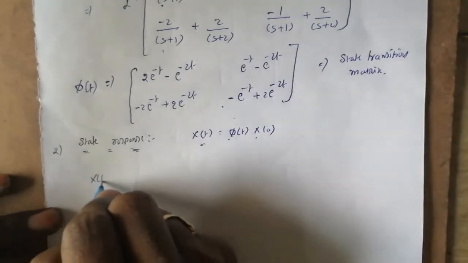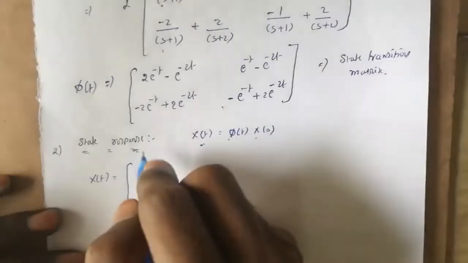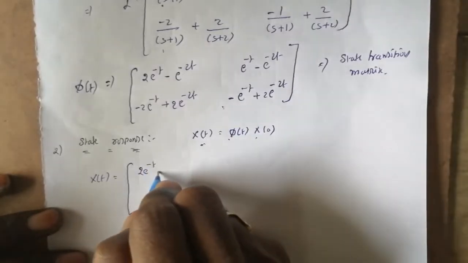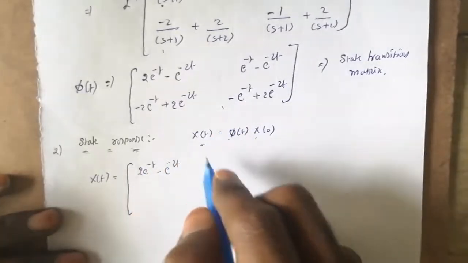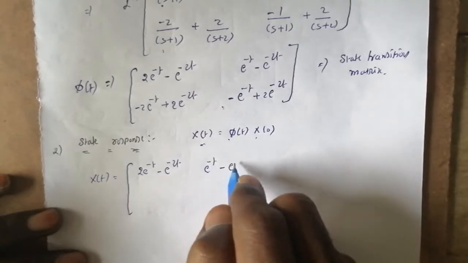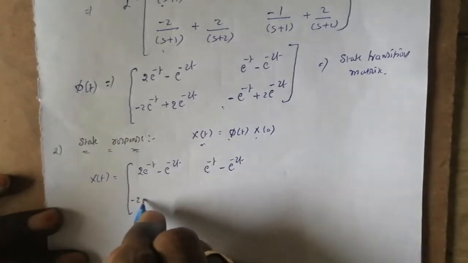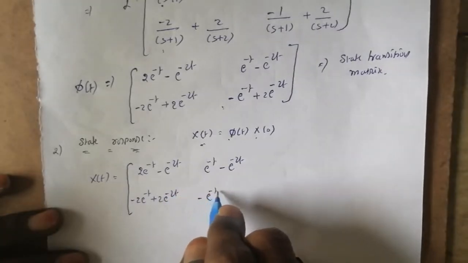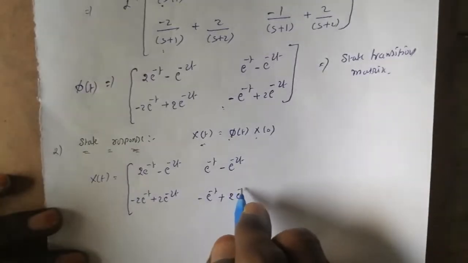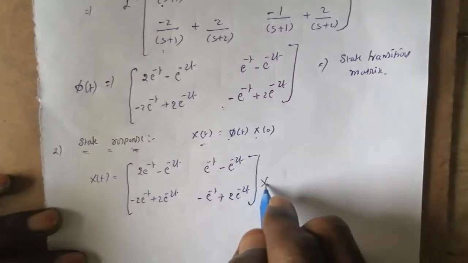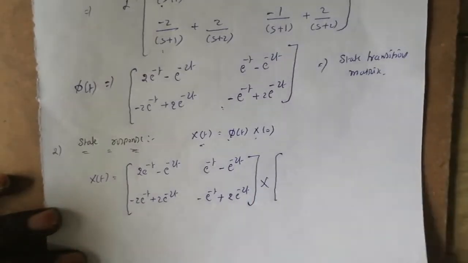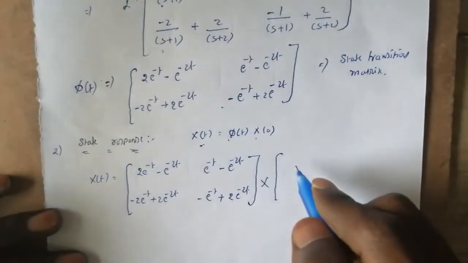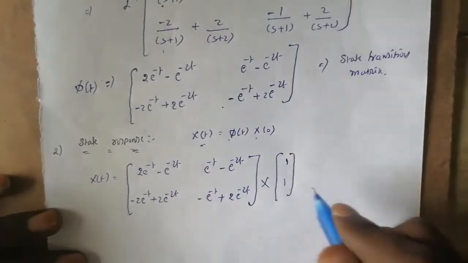So x of t equals 2 e power minus t minus e power minus 2t, e power minus t minus e power minus 2t, minus 2 e power minus t plus 2 e power minus 2t, minus e power minus t plus 2 e power minus 2t, into x of 0, which is given by 1 1.